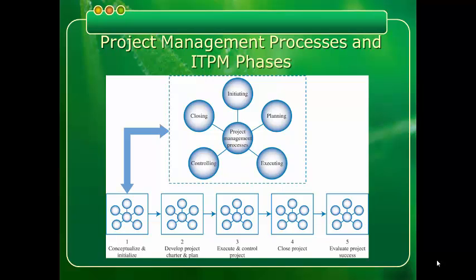The fifth one is evaluate project success. As you can see, on the first part, in conceptualize and initialize, we have initiating, planning, executing, controlling, and closing. And they are all linked together in what we call project management processes.